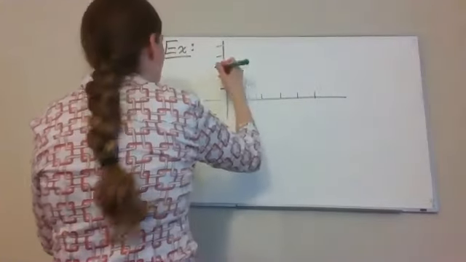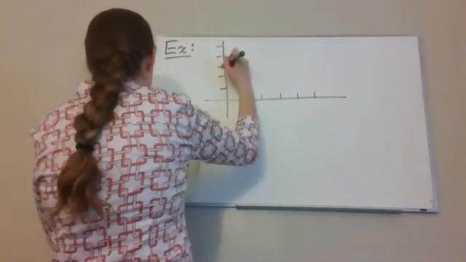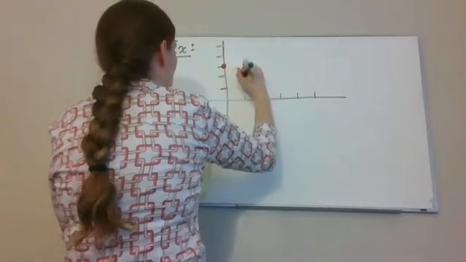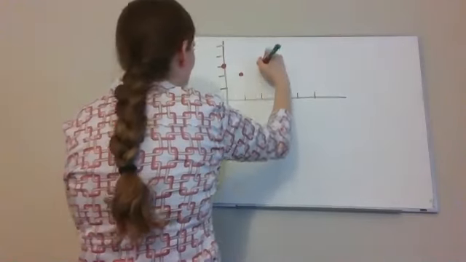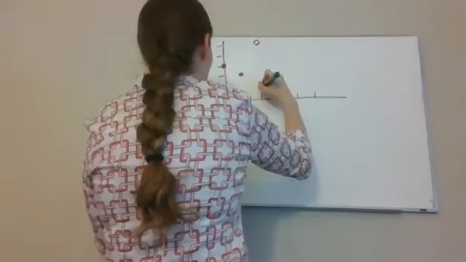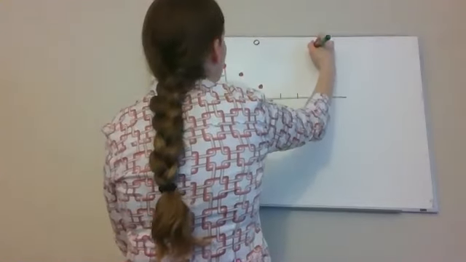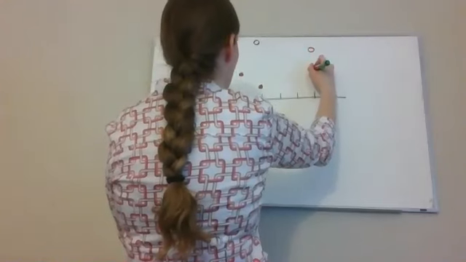We're going to have a point up here at (0, 3), another point at (1, 2), a hole up here at (2, 5), a point at (2, 1), a hole at (5, 4), and a point at (5, 2).